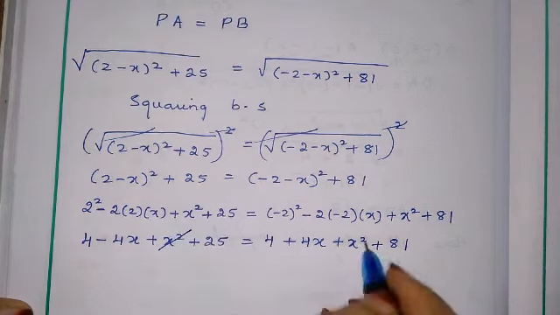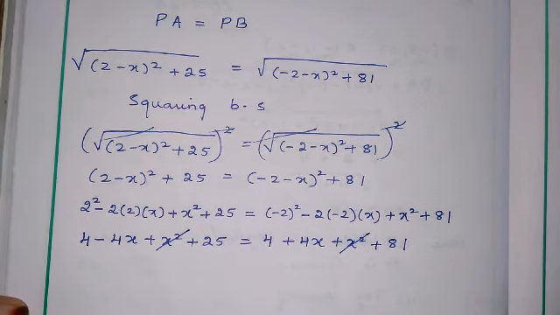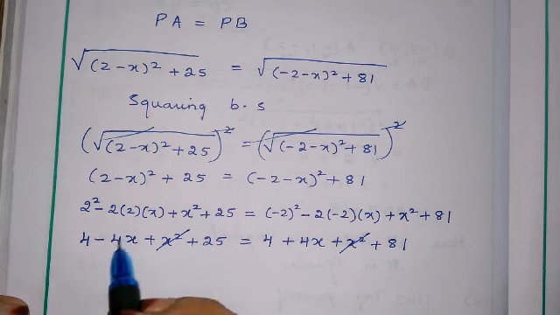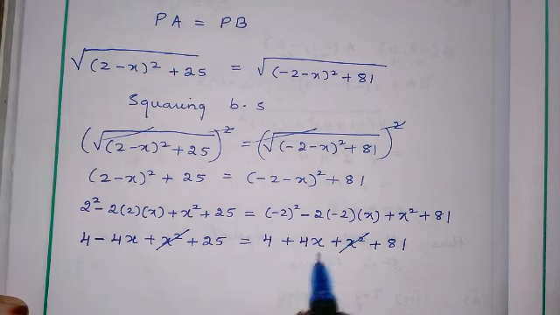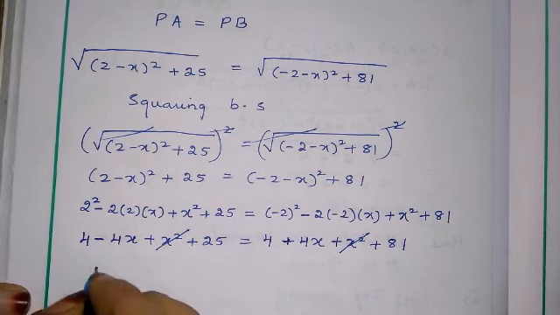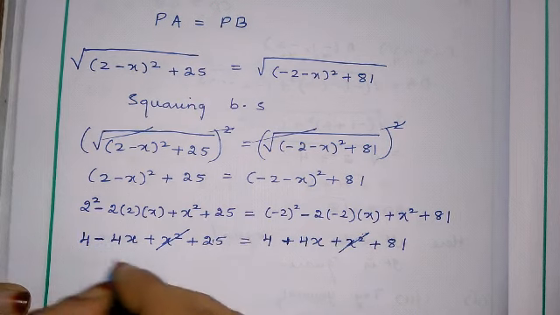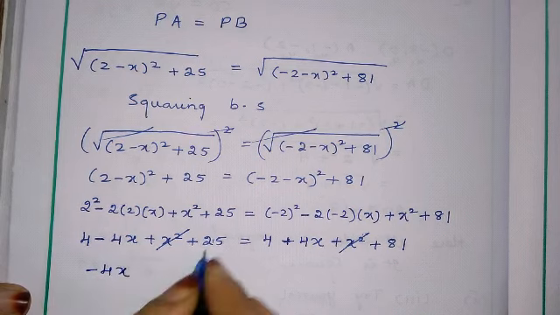Now we know that the same terms get cancelled. x square got cancelled on both sides. 4x will not get cancelled because of the minus and plus signs. So we will bring all to one side. 4 plus 25 is 29, minus 4x.